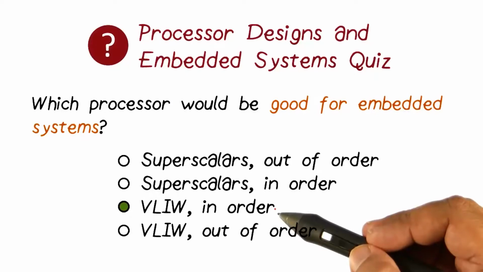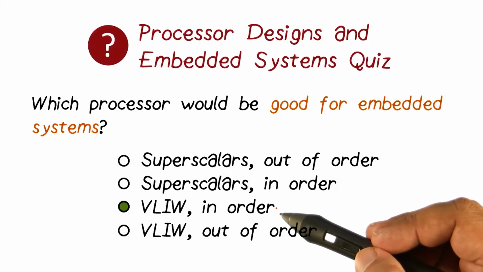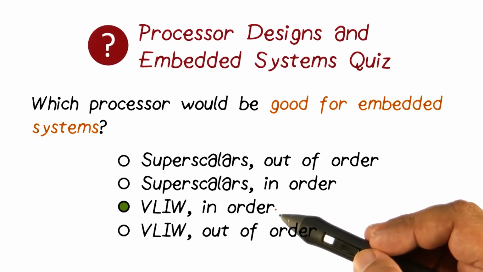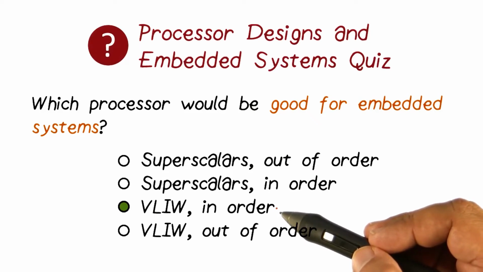The correct answer is that the VLIW in-order processor design is the most preferred design choice for embedded processors. The reason is that multiple instructions in a slot lead to better performance, meeting the performance characteristic, and it is the most energy efficient execution. Since multiple instructions are issued in the same cycle, energy spent in instruction issue is further reduced, and that's why VLIW in-order is the best choice.